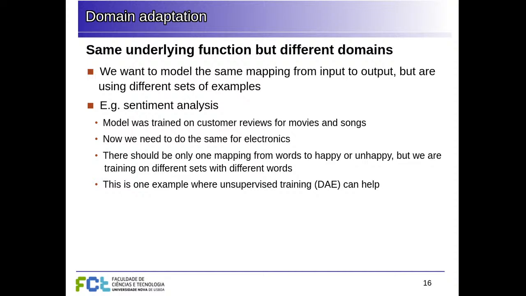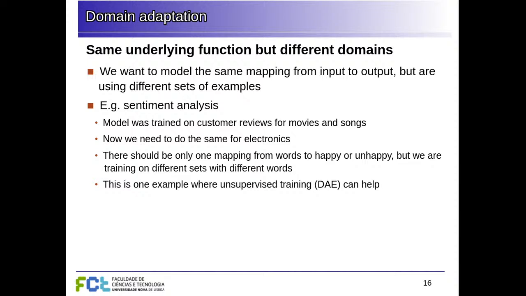Now we can have a model trained, for example, on reviews of movies and songs, and we may want to apply that to electronics, to an appliance store. This way we have to apply this to a slightly different domain, but the mapping between specific expressions and words to happy, unhappy, pleased, displeased, angry, and so forth should be the same.